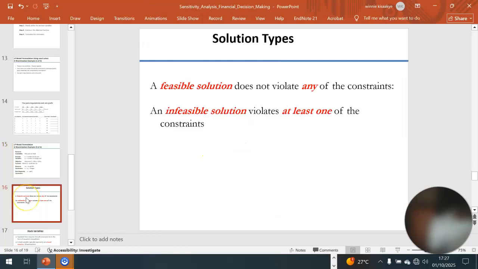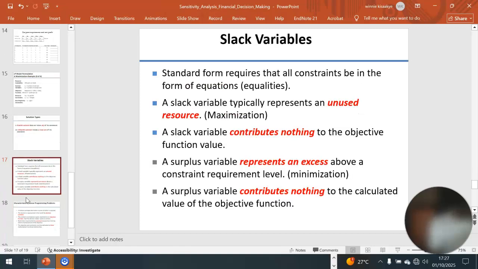Are we together? So when we move to here, in most cases, after getting the solution, Excel Solver normally shows us a slack variable and a surplus variable. In most cases, a slack variable represents those resources that have been unused.